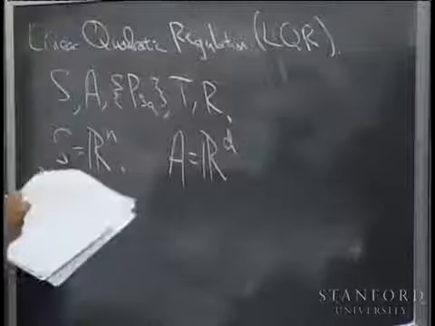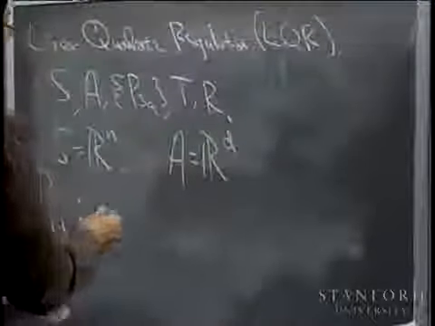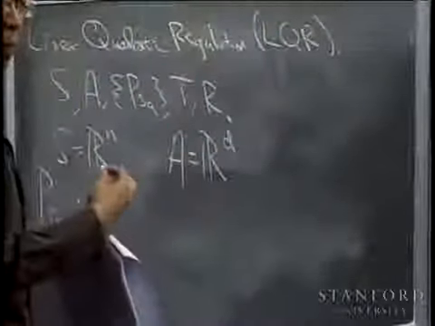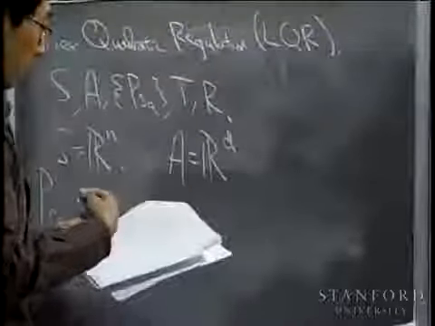To specify the state transition probabilities, P_sa, I need to tell you what the distribution of the next state is given the current state and the current action.